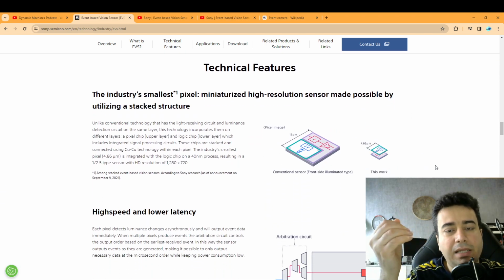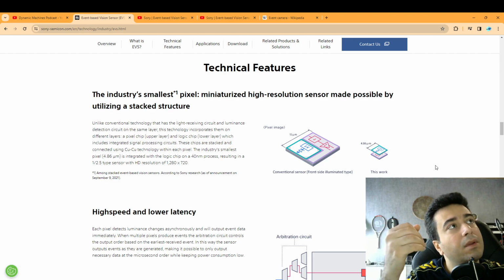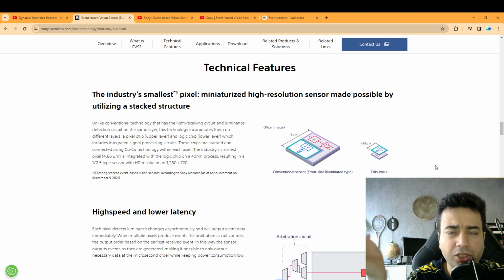Sony claims that they have a special copper-to-copper technology to make the chips even smaller.